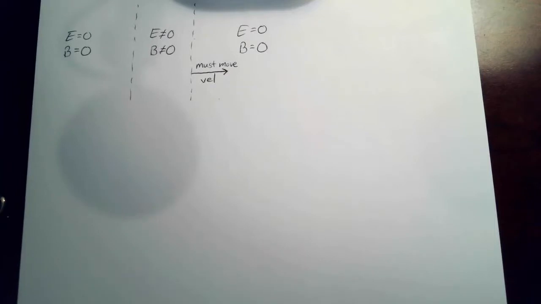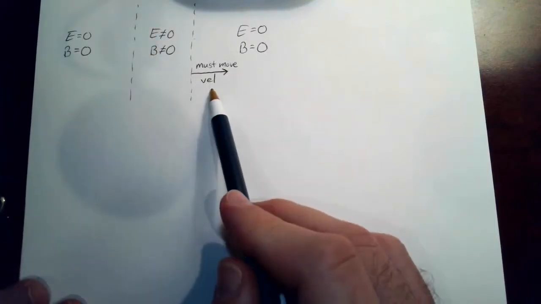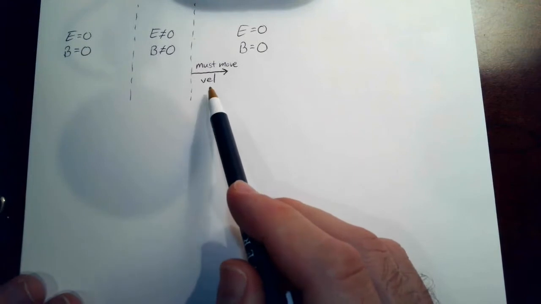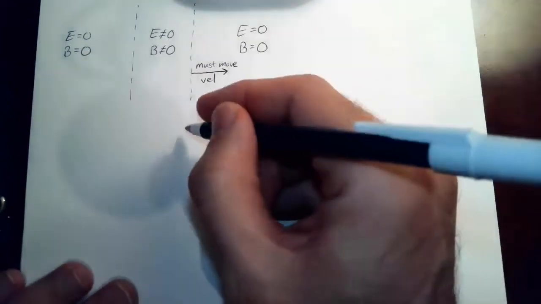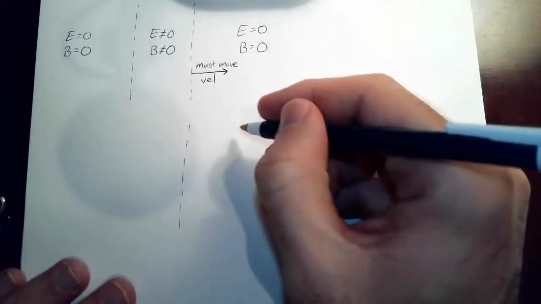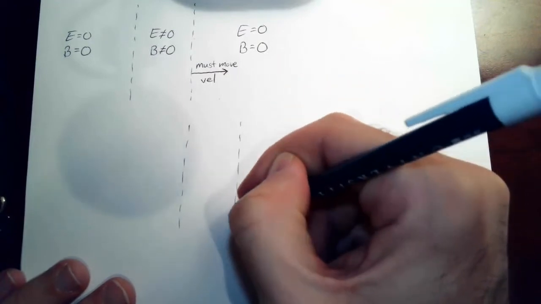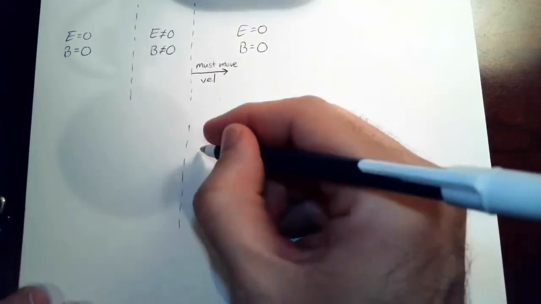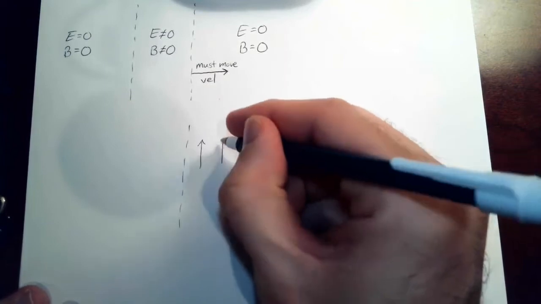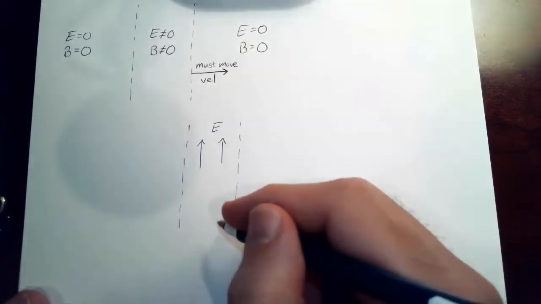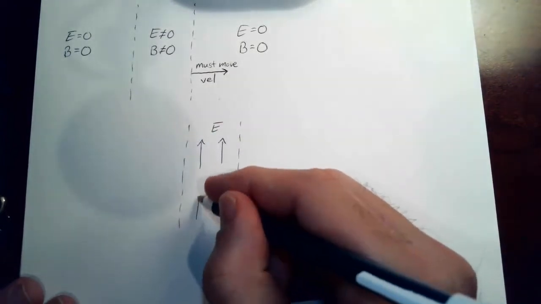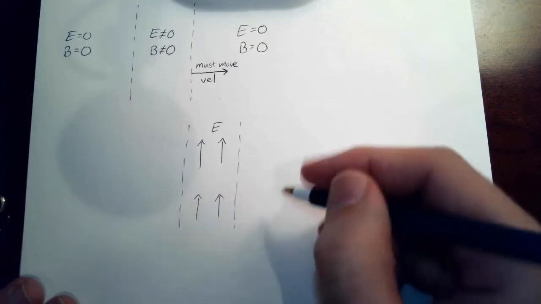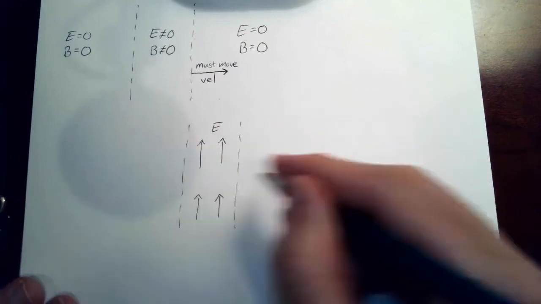I mentioned you have to choose E, B, and V appropriately in order for them to solve Maxwell's equations. So here's one possible configuration. That is to have a uniform electric field pointing towards the top of the page inside of our slab. Again, it's still 0 outside.